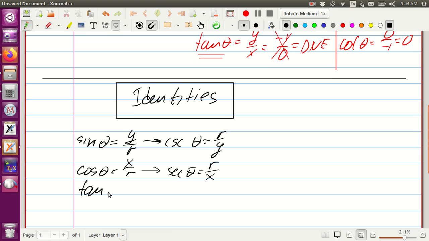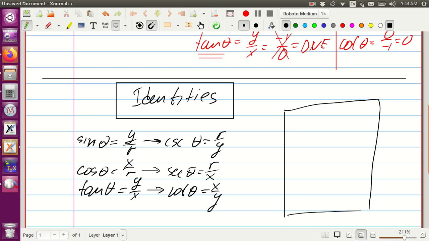For tangent, we can say that tangent of theta is y over x, which implies that cotangent of theta is x over y. So we can create a first set of identities which would be reciprocals, right?